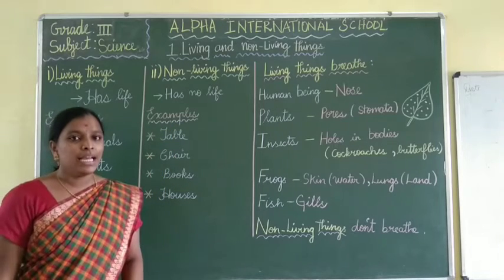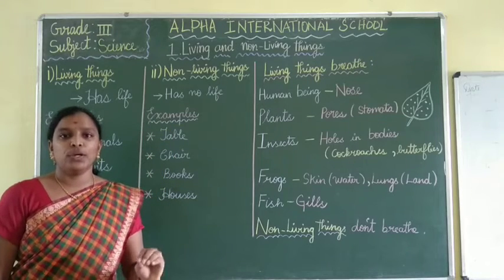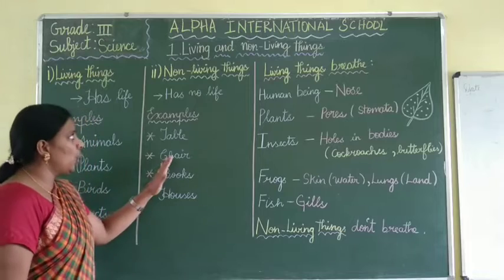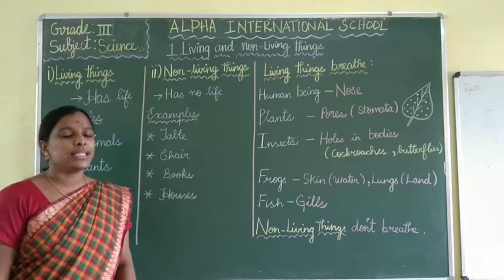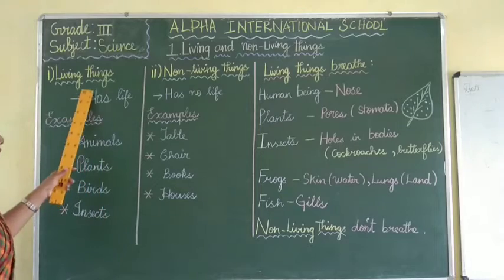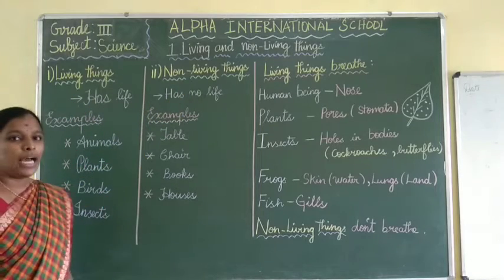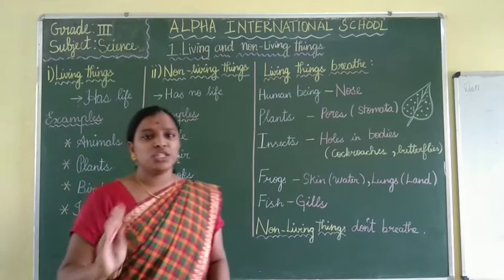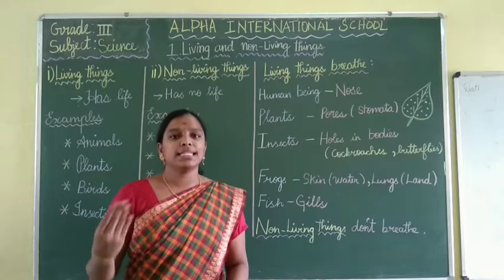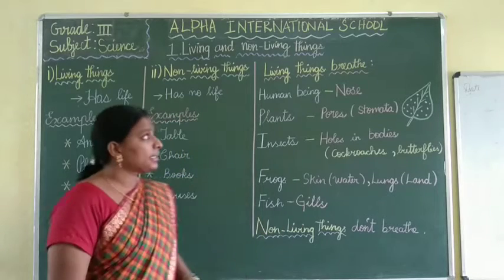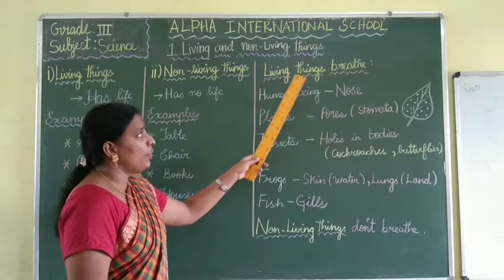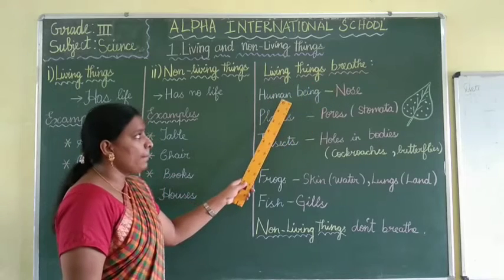So a living thing has a life to live, but non-living things do not have a life to live. So this is living things and non-living things. Now we can differentiate how living things and non-living things breathe. Take human beings.